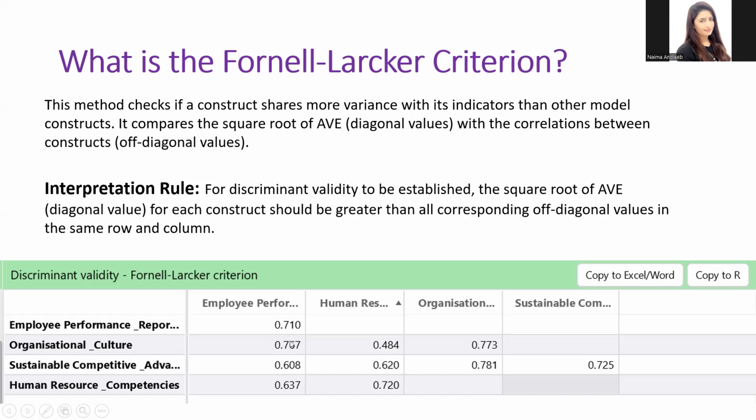Now the first value is less. See, the second value is greater than the first value. This should not be like this. This value is bigger. Maybe let's suppose 0.767 is okay, but this value should be higher than this value, and this value should be higher than all of the other columns' values.